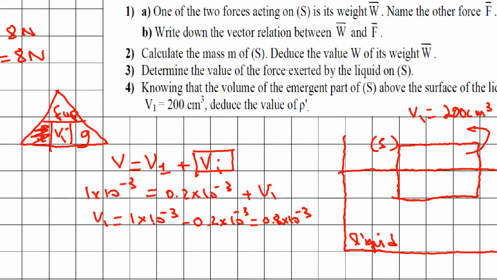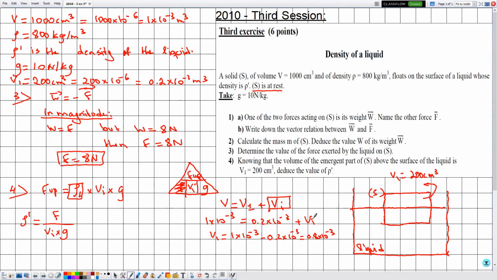Since both values are in the SI in meter cube, the volume will be in meter cube. Sorry, this is Vi and not V1. So Vi is given by 0.8 times 10 to the power minus 3 meter cube.